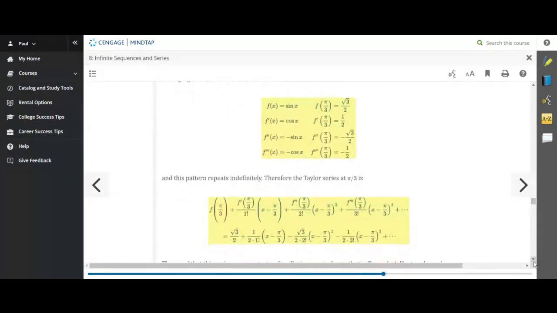Taylor series for the sine of x about a equals pi over 3. There are all the terms.